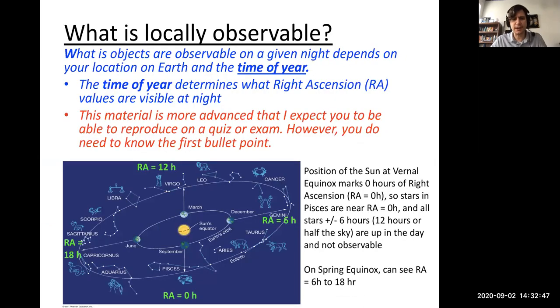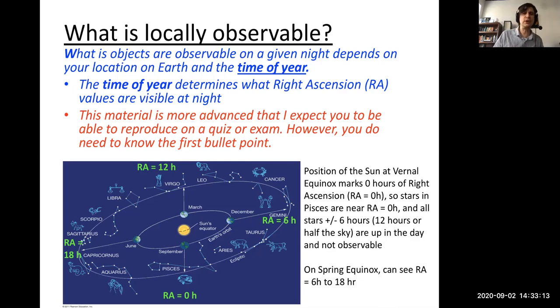And the final thing is I want to connect this to our idea of what is observable. We talked about what declinations are observable based on your latitude on Earth. What right ascensions are up at night is determined by the time of year, because we can only observe the stars at night. So this is pretty advanced to actually map this out to know what right ascensions are up given the time of year.